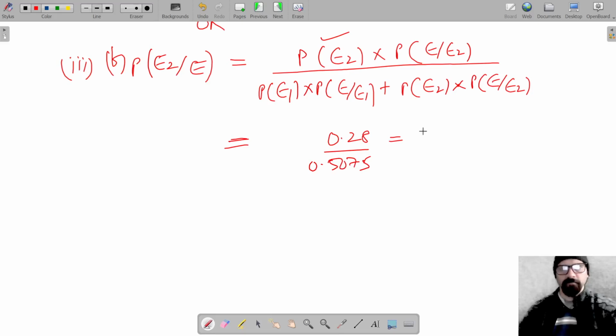And I can write the denominator as 0.51.